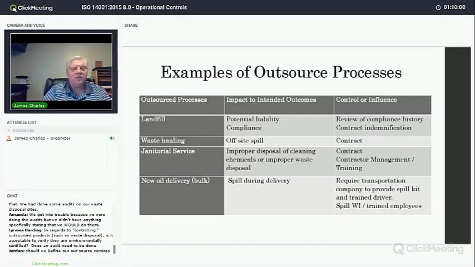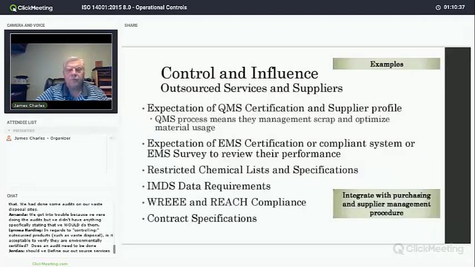So whether you put together a matrix of sorts or have some type of a risk criteria where high risk services are controlled, low risk aren't, some way within your procurement process, it would be nice to have this defined. And this is probably, I would speculate, one of the more confusing or challenging parts to implement relative to our operational controls.